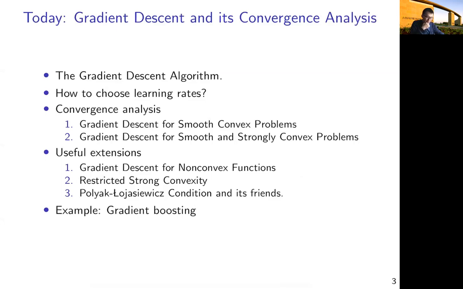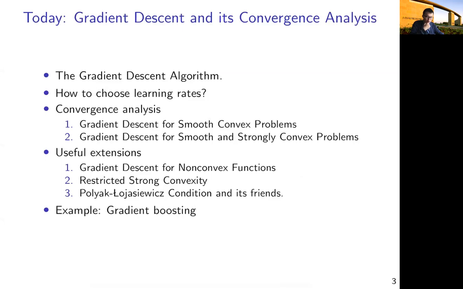And after that, maybe in the second half of today's lecture, after we take the 5 minute bio break, we'll move on to talk about the convergence analysis of gradient methods. Specifically, we'll be talking about the convergence for smooth convex problems. So we define what smoothness means.